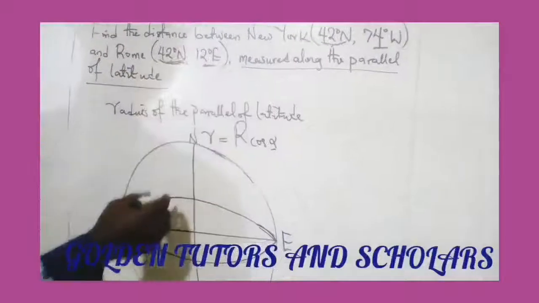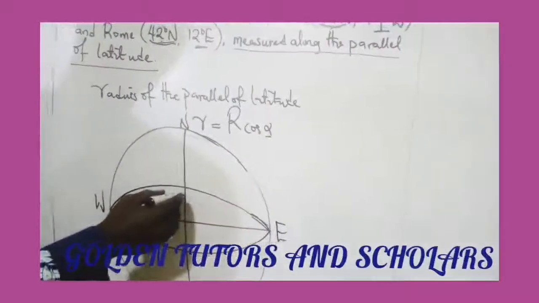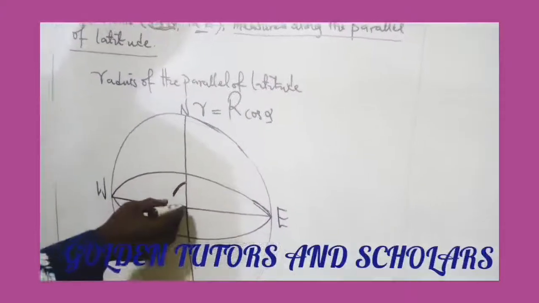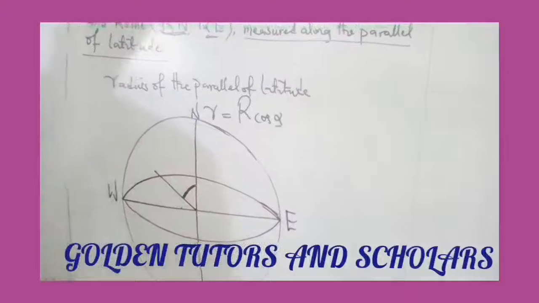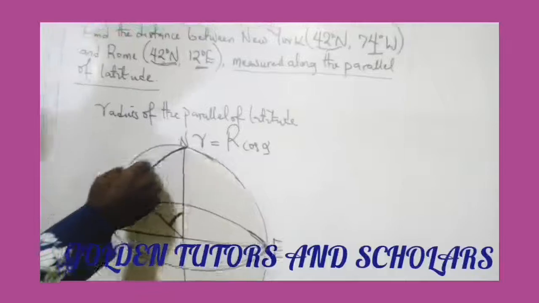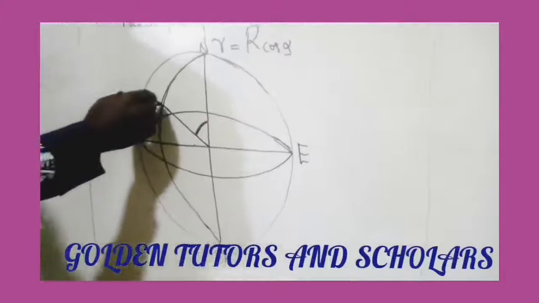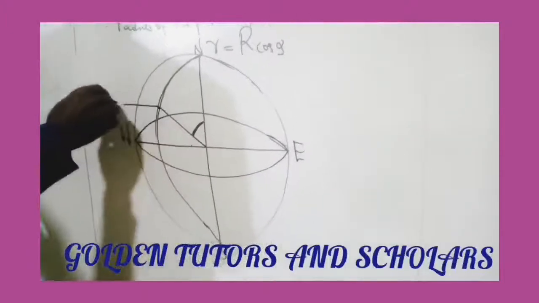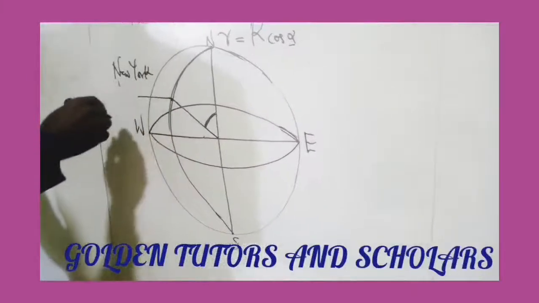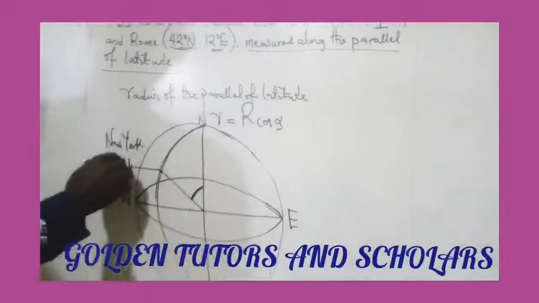If I measure that for New York, which is 74 degrees west, I won't get all the way to 90 degrees. Let's say somewhere here, and then I take the longitude of New York. This can be seen to be the longitude as it goes down this way. So the longitude of New York is somewhere here. This is New York on my diagram, on longitude 74 degrees west.